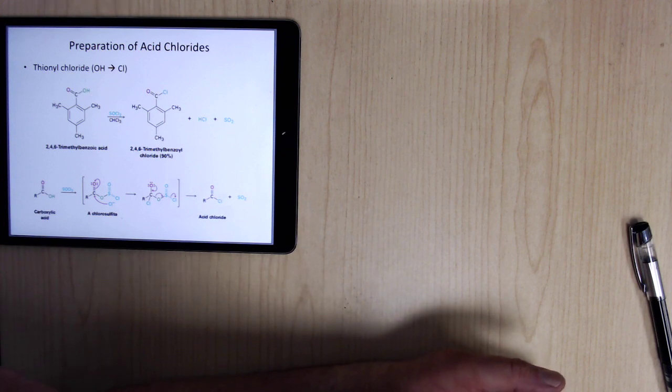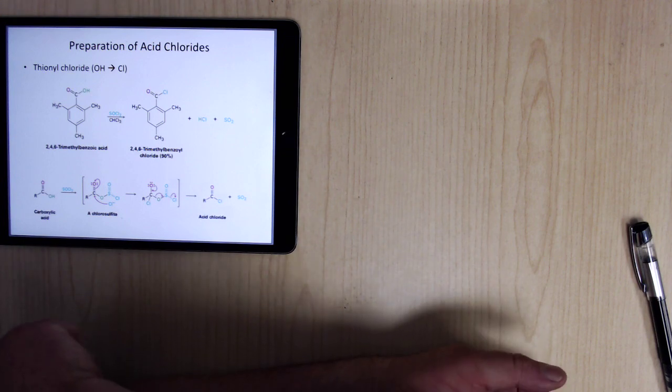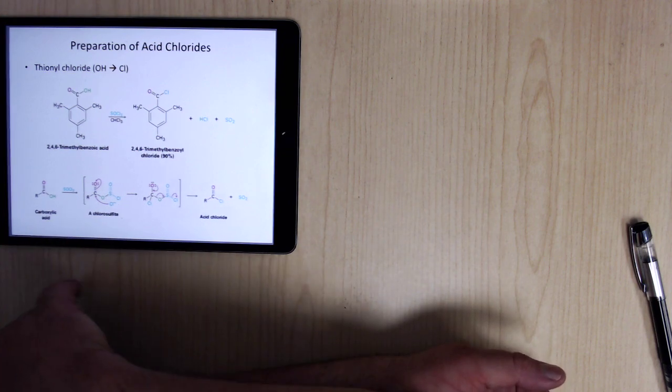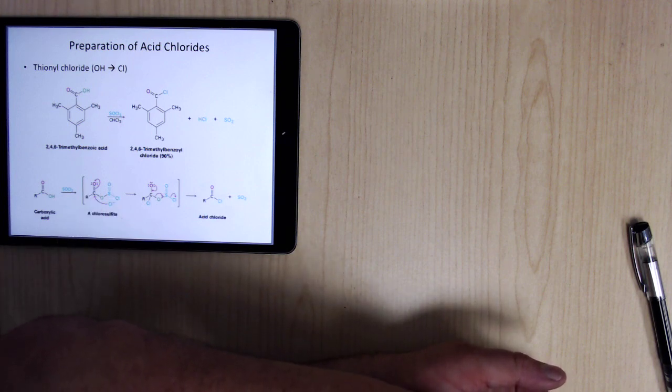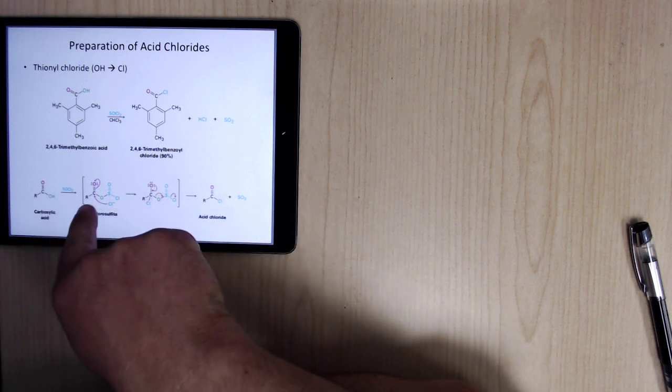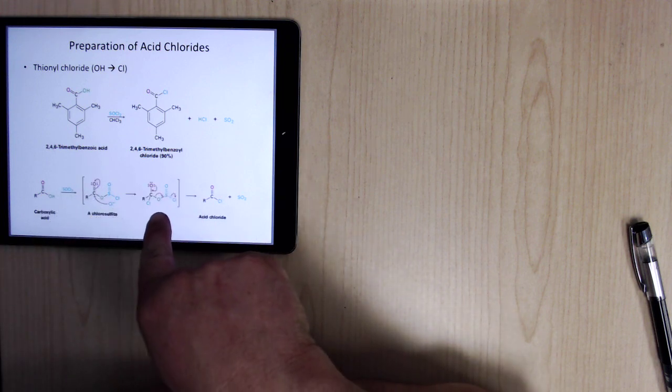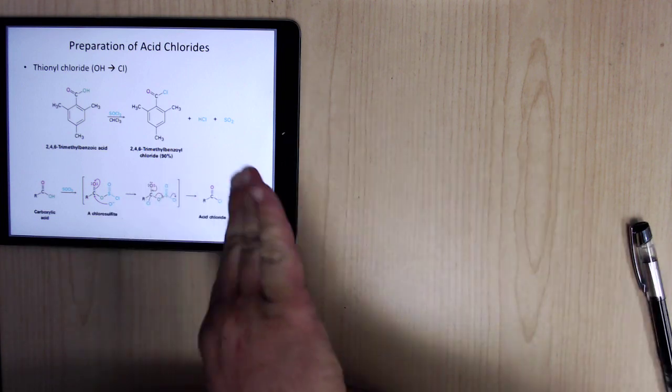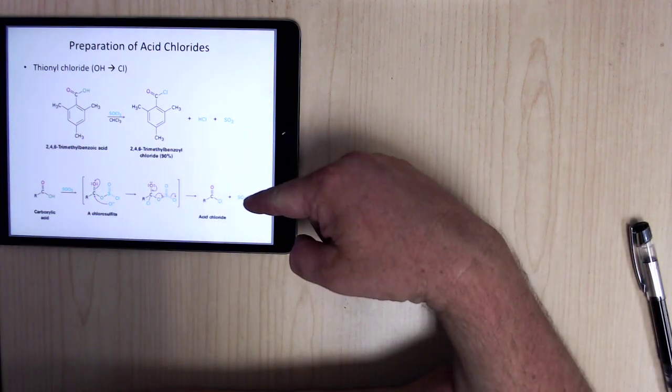It turns that OH into a Cl by making an ester that's even more reactive than the acid chloride, so that the chloride can come in and do a second attack and kick away that leaving group, which then decomposes into SO2.